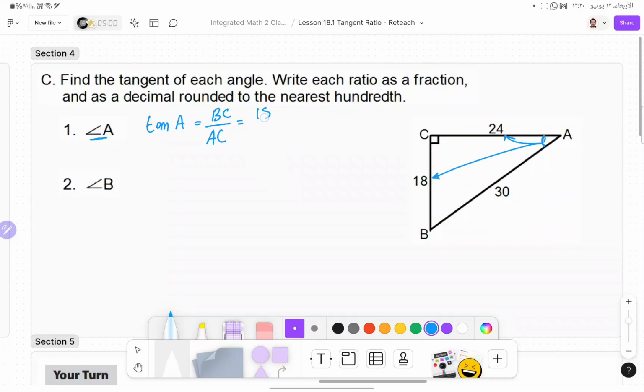So BC is equal to 18, AC is equal to 24. So 18 over 24 is equal to 3 over 4, so it should be equal to 0.75.